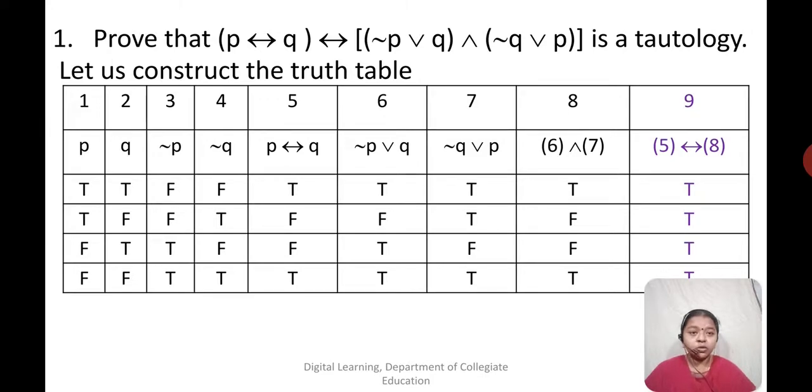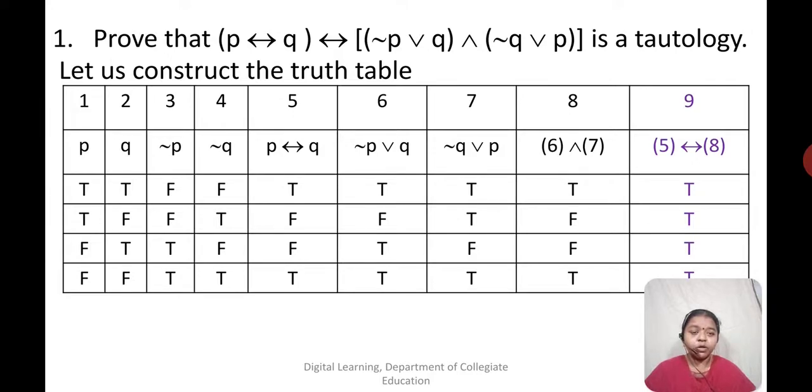Now, these two compound propositions are connected by the if and only if symbol. Next we have to concentrate on column number 5 and column number 8. And we have to consider each combination with the logical connective if and only if. Since, as we have already studied, this if and only if is applicable only when both of them are T or both of them are F.